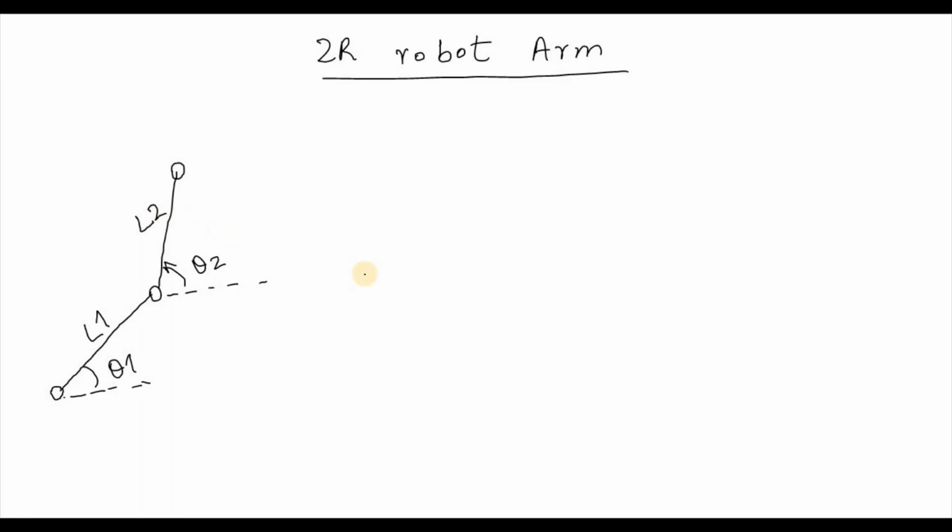We have already seen that the topology of this 2R planar robot is a torus.